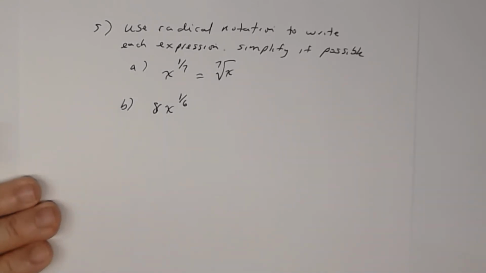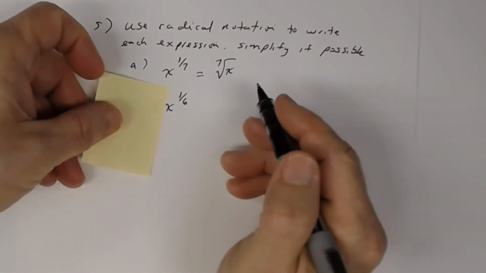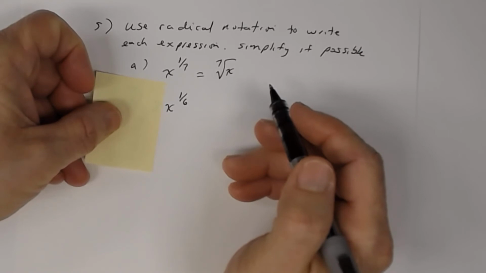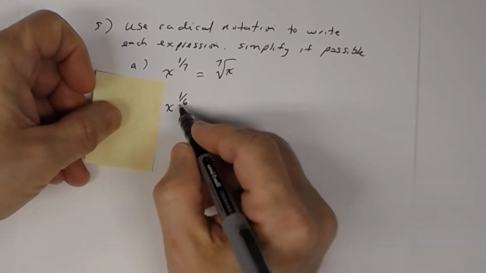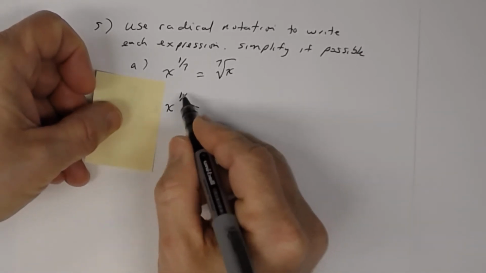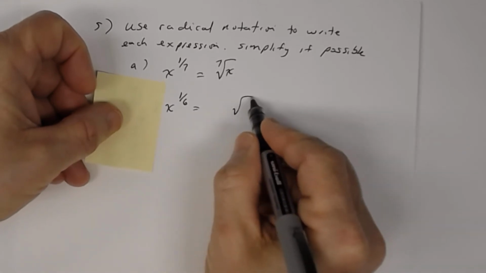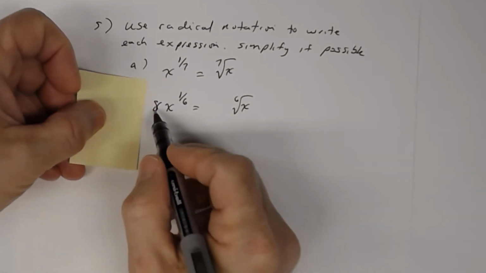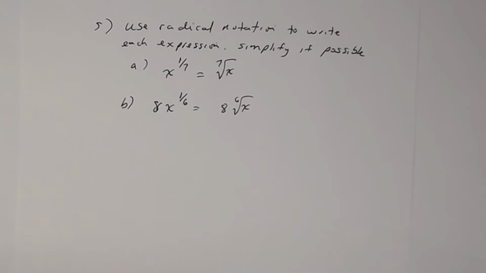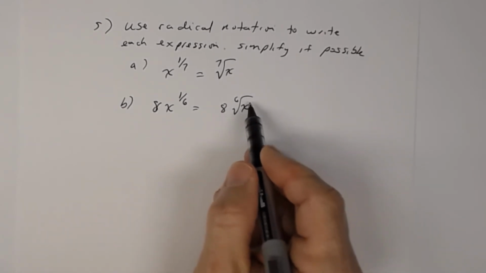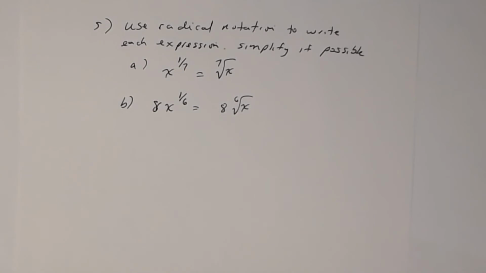So if you need to, cover up the 8. Then I can rewrite this part here as the 6th root of x, but that's being multiplied by 8. So the answer is 8 times the 6th root of x, and I cannot simplify the 6th root of x because the exponent of x is less than the index.